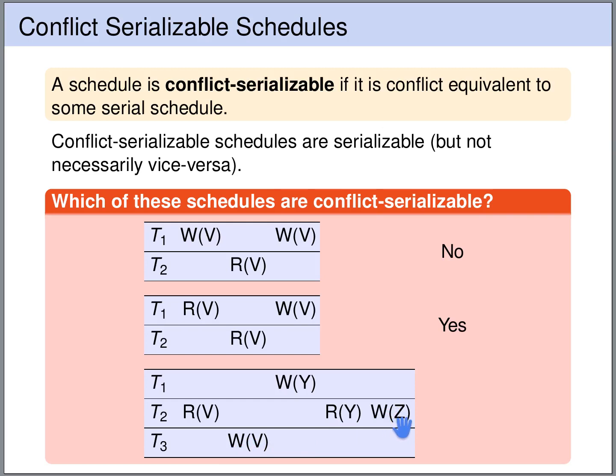These are also not conflicting, also concern different objects, so we can also swap these two. So indeed, we can swap T3 all to the end. So then we have a serial schedule where first we execute T1, then T2, and then T3. And indeed, we can reach this by a sequence of non-conflicting swaps. So this schedule is also conflict serializable.